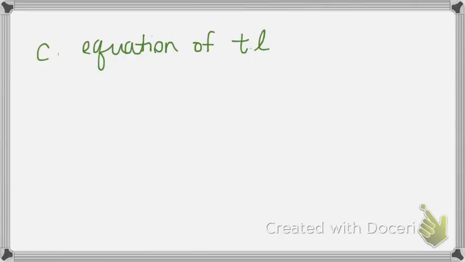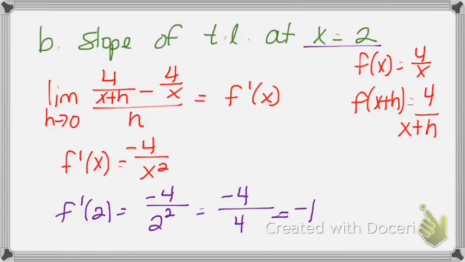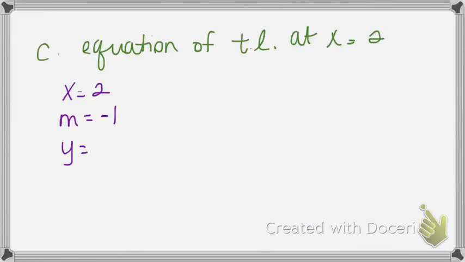Lastly, let's say that I wanted to find the actual equation. And we want to do it at that same place that we just found the slope, so at x equals 2. So there's 3 things you need when you do a tangent line. There's x, there's m, and there's y. And we already found m, it was negative 1, that was the slope. We knew x, which is 2. To get y, that's where we have f of x, and we plug x into that.